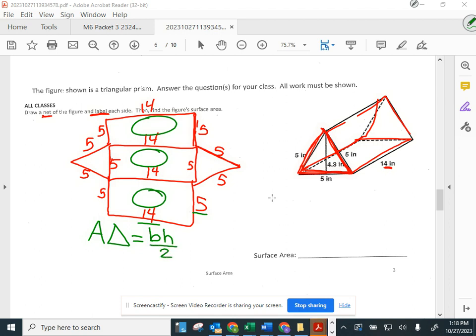We're going to divide it by 2, or we could say 1/2 the base times the height. Because a triangle, if we look at our square, the triangle is half of it. So base times height, instead of the side, we don't want the side, the height is 4.3. So we're going to do the height times the base. And then we're going to divide it by 2. We're going to take 1/2 of it.